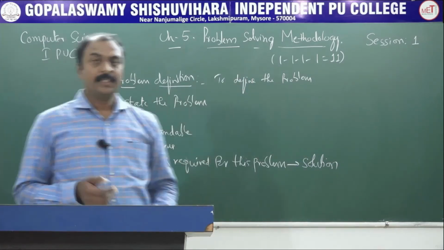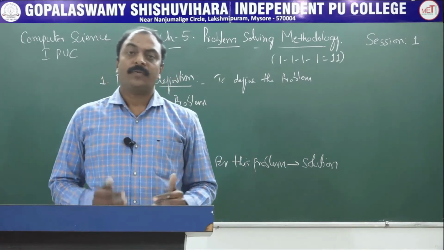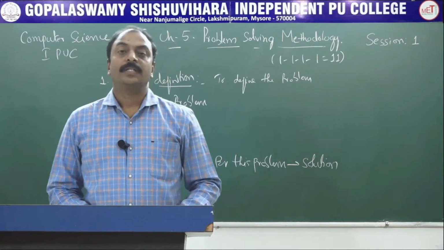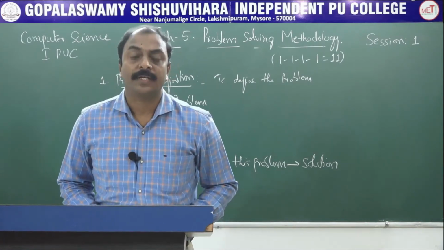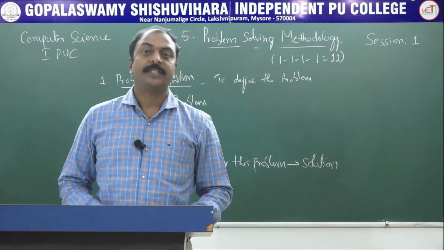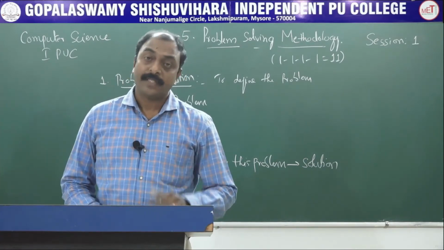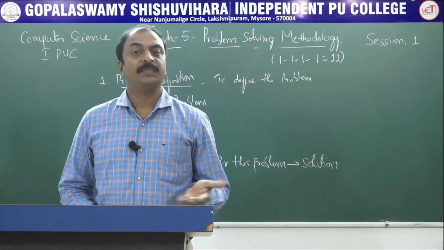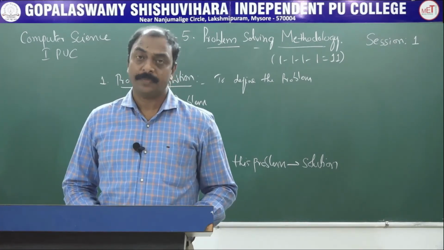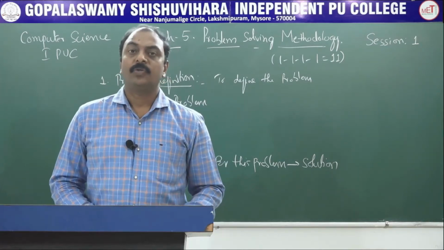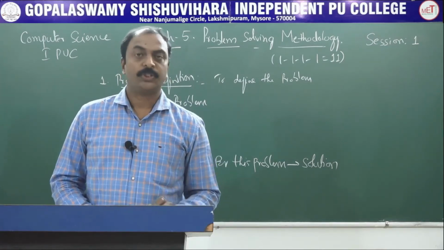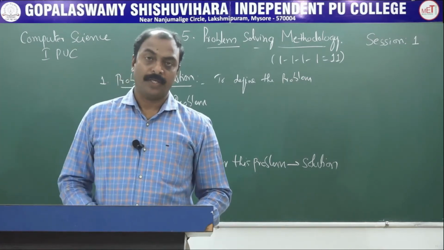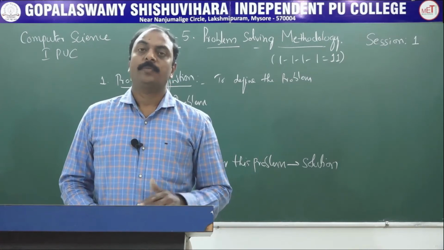A very good example is, sometimes we have heard from many students in the examination, some student complained that this question was not very clear. It is not a direct question, it is an indirect question. With respect to mathematics, we have heard, oh, this problem is wrong. If you don't understand the question very well, you are not able to answer it properly, and then you will be in confusion.